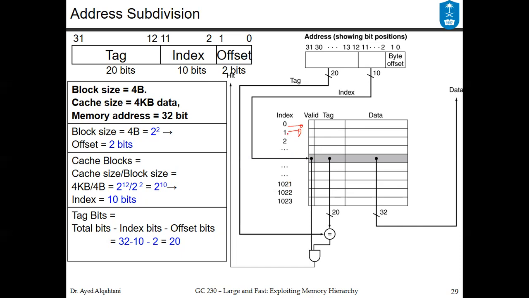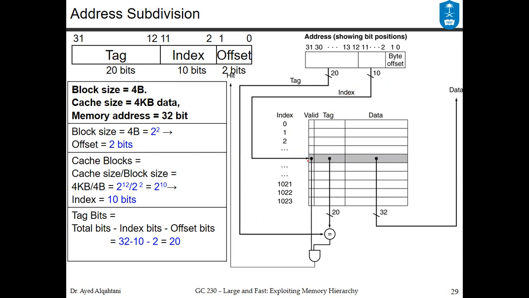Each one of them will have its own valid bit, its own tag, and its own data. Now, how does the access happen? How do you know exactly which one of these you want to access? You know it by the index bits. And this is why we have 10 bits here, because this is 2 to the power of 10. So to know exactly which one of the 1K here, you need 10 bits to indicate that this is the location that I want.